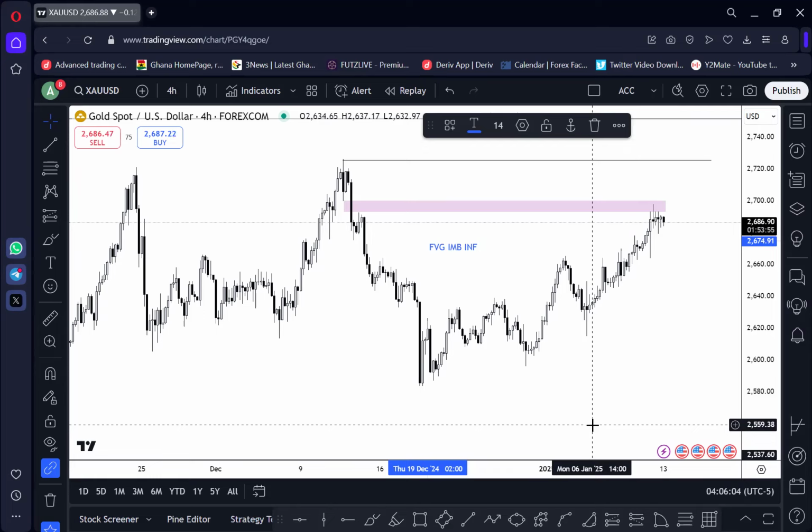So now, what are FVGs or imbalances? Before I explain, let me say this.